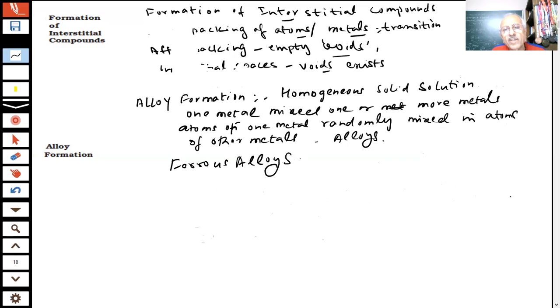In ferrous alloys, what do you have? You have atoms of iron, and they are alloyed with chromium.